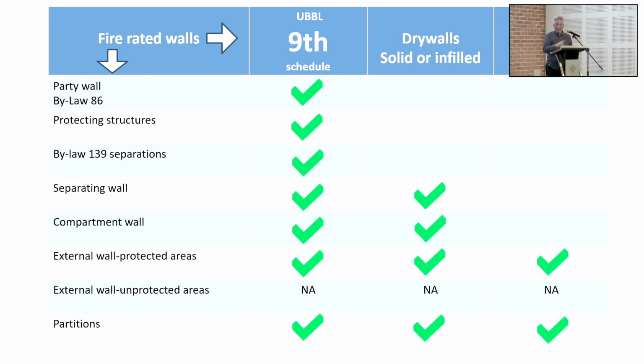I'll leave that to the experts. For just nominal drywalls, fire rated that is, partitions and external walls as a protected area, not as the unprotected area, is allowed. Everything else, don't challenge Bomba, just avoid it for now.